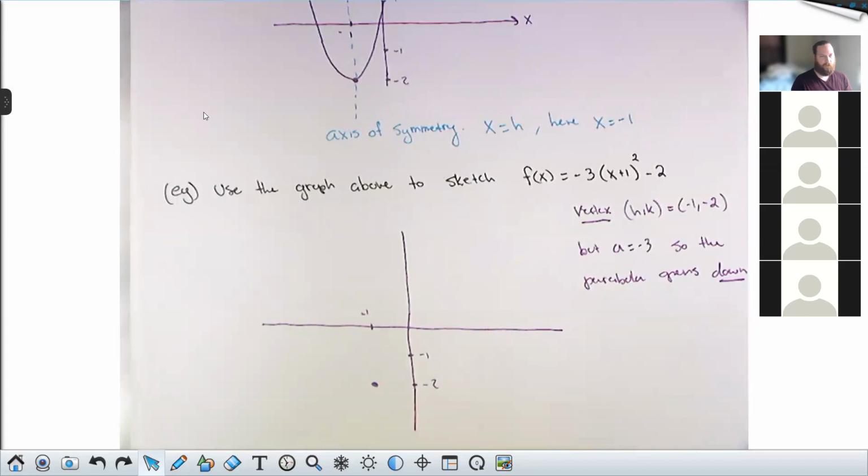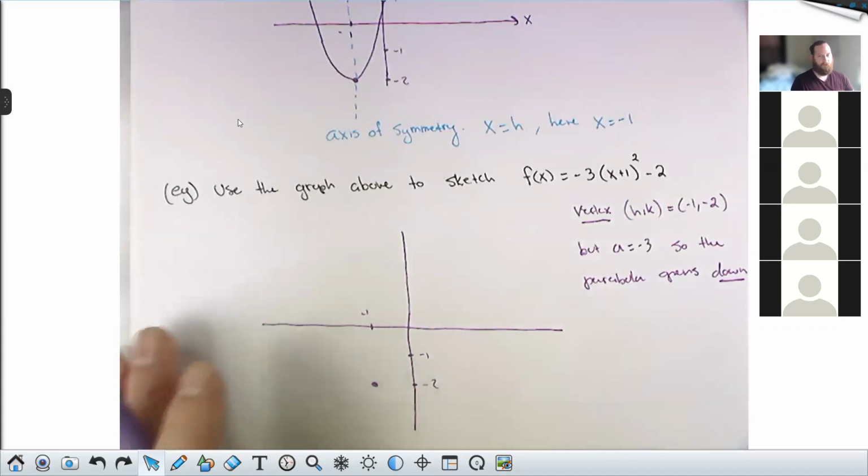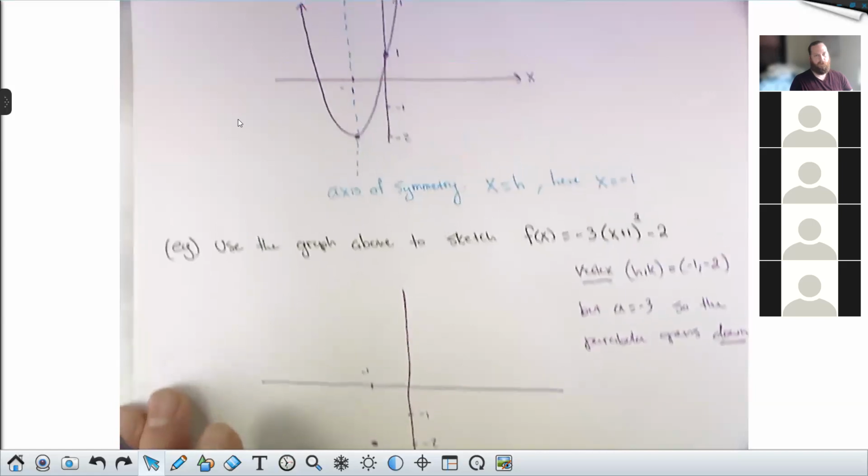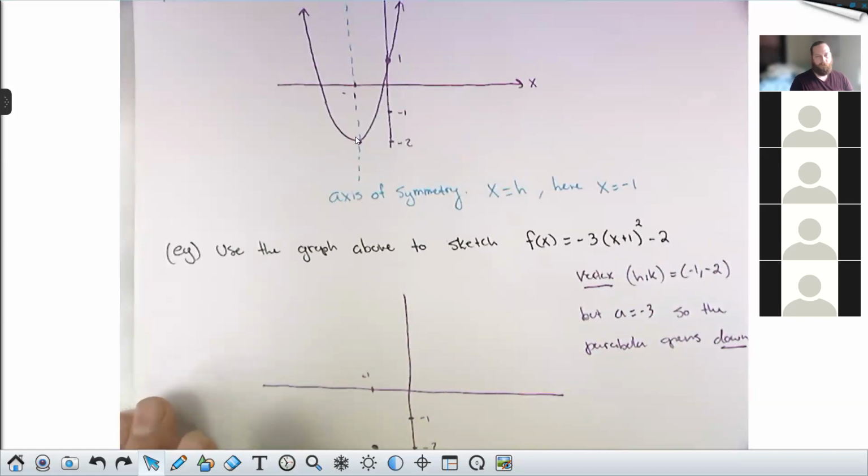There's a good question in chat. Is there an easy way to find the number a from the graph? Not necessarily. There is, I'll tell you. If you ask the tutors in the library, here's what they'll tell you. If you go from the vertex one point over, you take a horizontal step of 1, then a will be the vertical step to the next point.